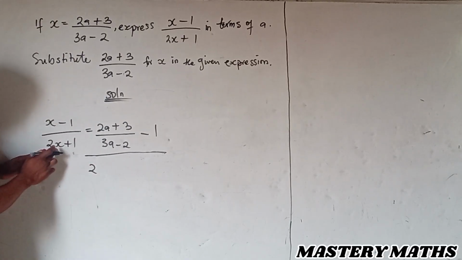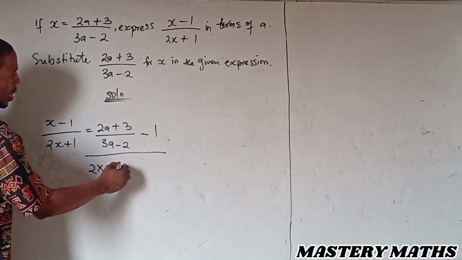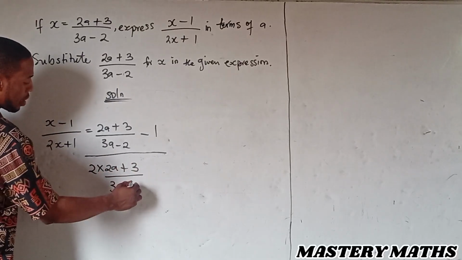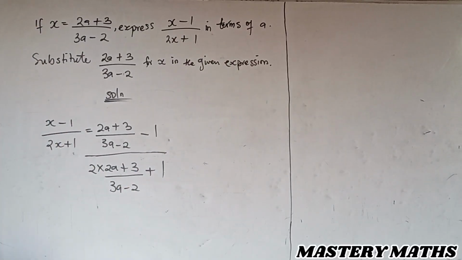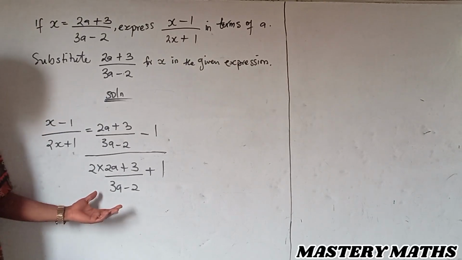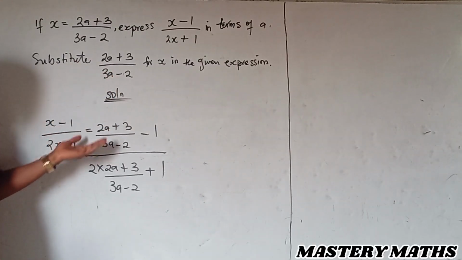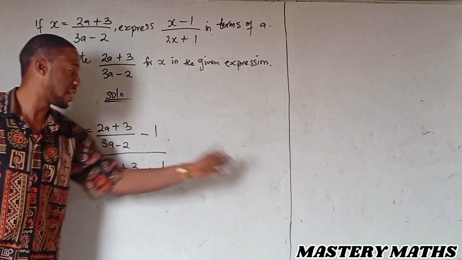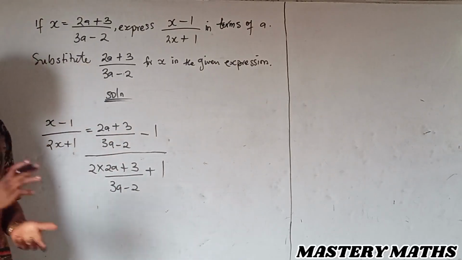This 2x means 2 times (2a + 3) over (3a − 2), plus 1. Now we're going to take this step by step. First of all, I want to solve the numerator first and then solve the denominator. After solving the numerator, later we'll bring them together for easier understanding.